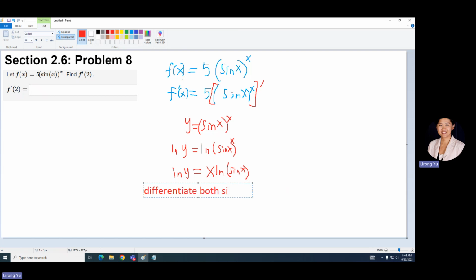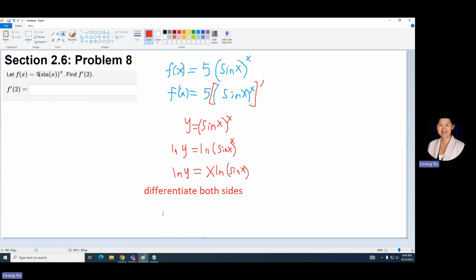So we differentiate both sides of the equation above. The derivative of ln of y is 1 over y because of the logarithm, and then y prime because of the chain rule, which equals to... All right, now it's time to differentiate this. Normally, I will differentiate the x but keep the logarithm term.